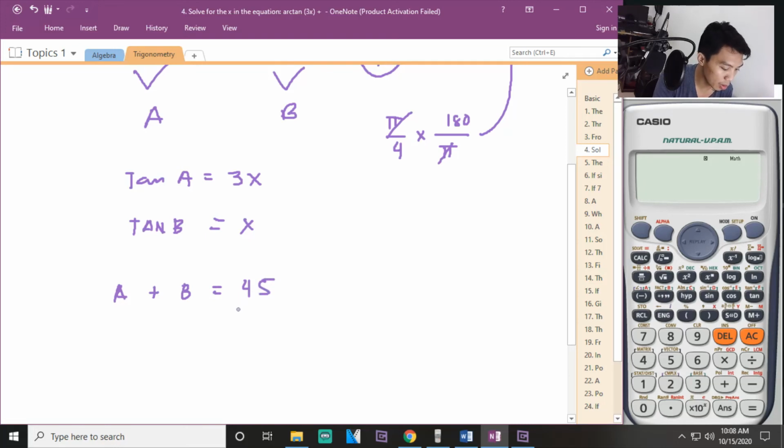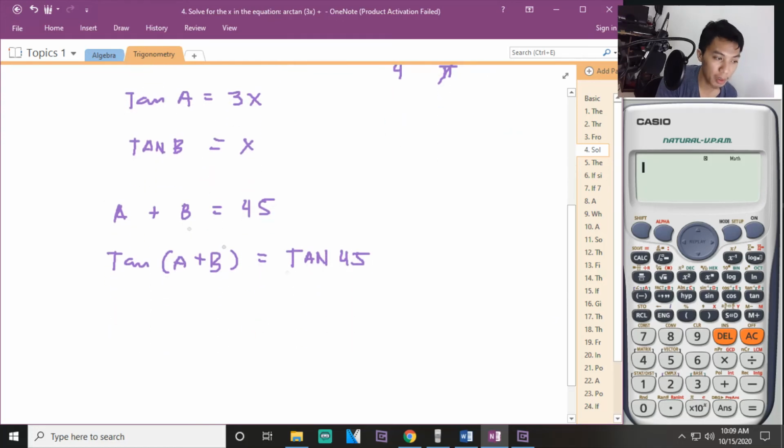Now, how will we solve it? We will solve it by having both sides into tangent. Tangent of A plus B equal to tangent of 45. By formula, this is the sum formula for your trigonometric function: tan, tan, 1, tan, tan.